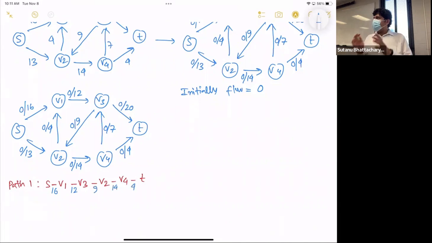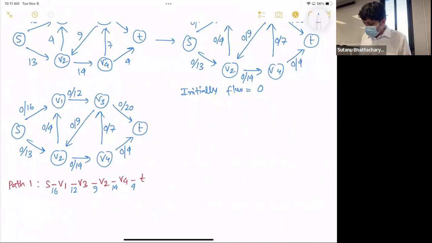So how much actual liquid can you flow through this path? What is the amount? 4, right? So that will be called bottleneck. Bottleneck means that is the maximum that you can flow, right? You cannot flow more than that. So we'll track that bottleneck.